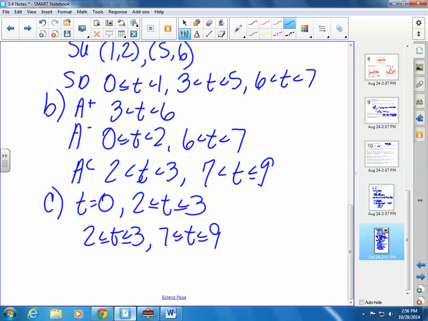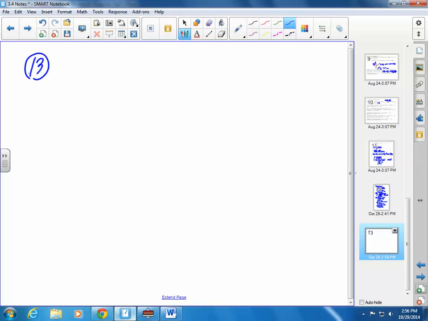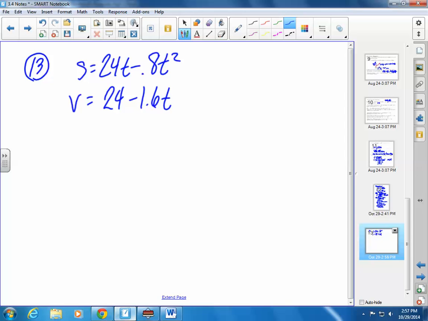So they're giving you the displacement function, the s function. How do you find the velocity? Yeah, you take the derivative of what they're giving you. So the velocity is 24 minus 1.6t, right?